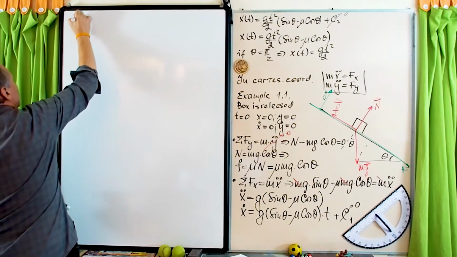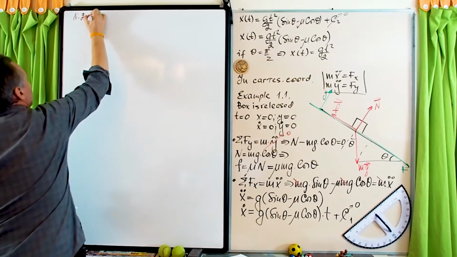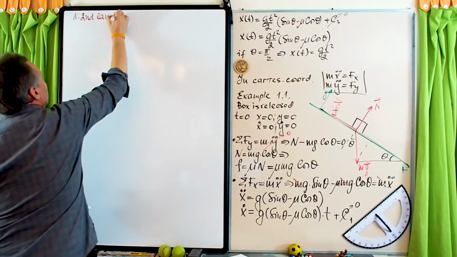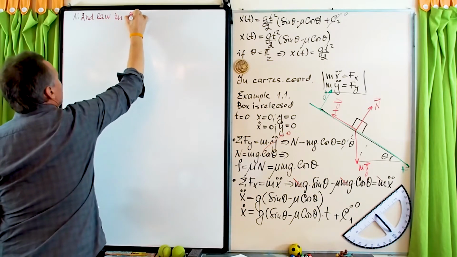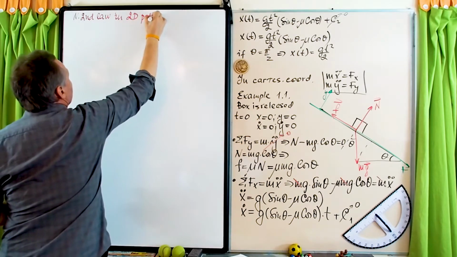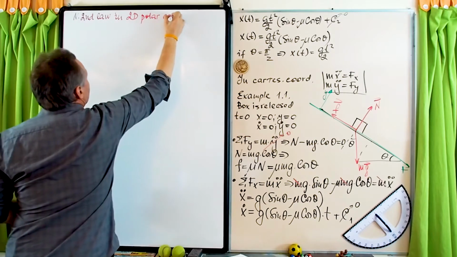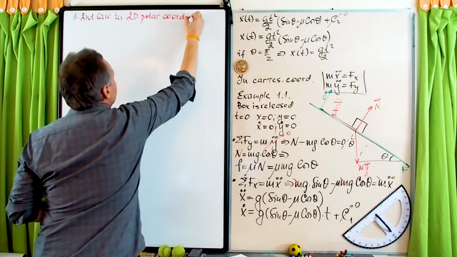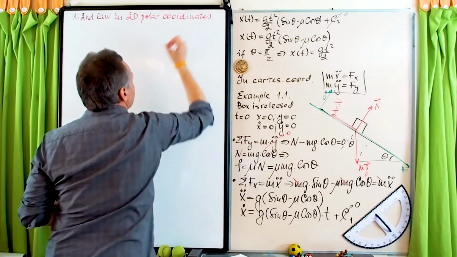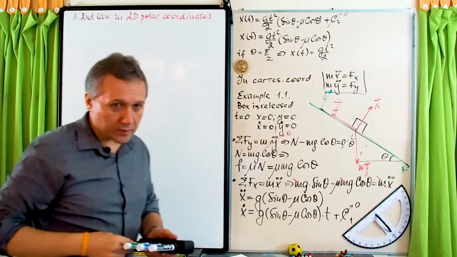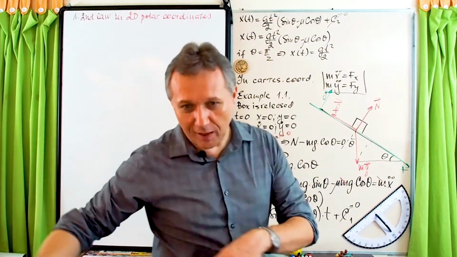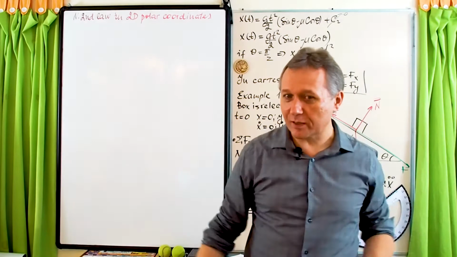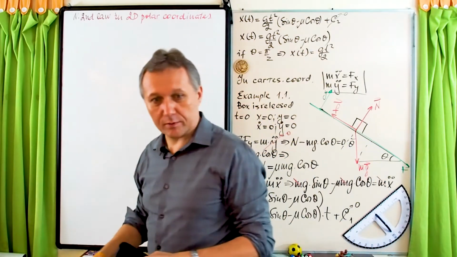Right. Newton's second law in 2D polar coordinates. As I said, now the foundation is underneath, and now we will just start exploring all possible situations, like applications of those fundamental laws.